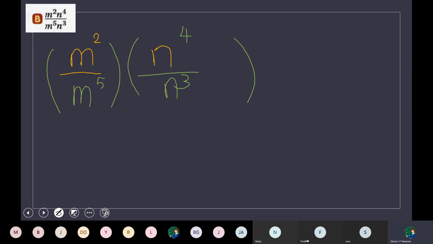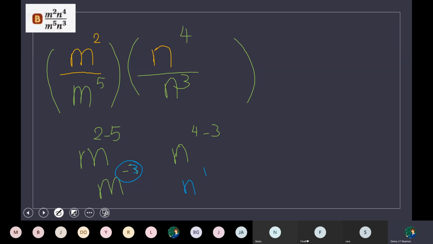Then two variables have the same base, they are divided. So I say m to the 2 minus 5 and n to the 4 minus 3. Then m to the 2 minus 5, as you know, is negative 3, and 4 minus 3 is 1.